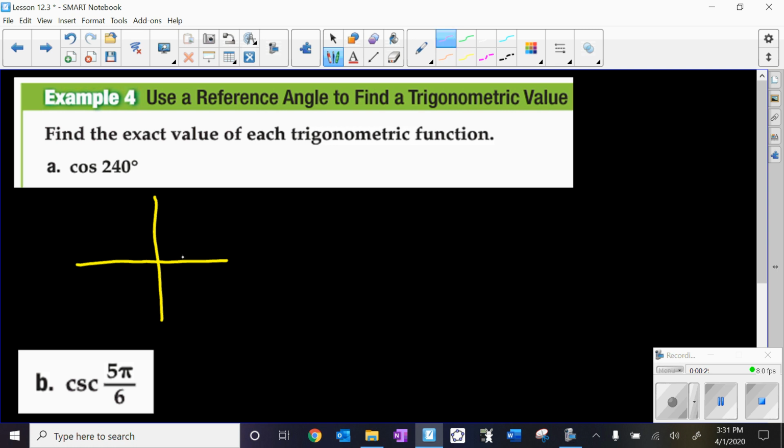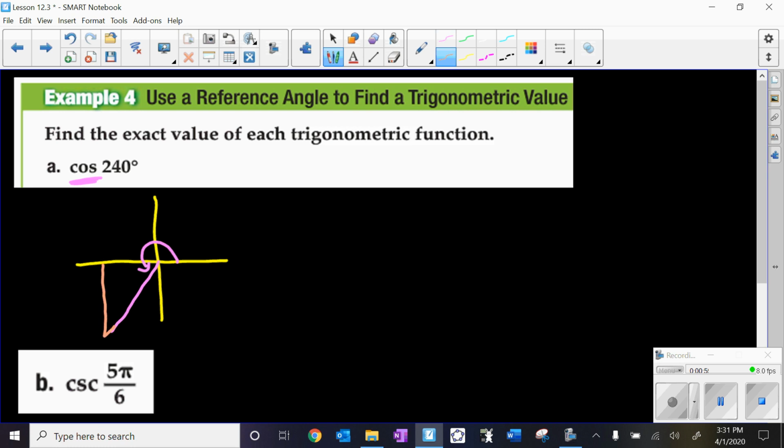So 240 degrees from my initial spot is going to land me in the third quadrant down here. That's going all the way around like so. And then to deal with trig functions, we're going to draw in right triangles. I want to make it with the x-axis.